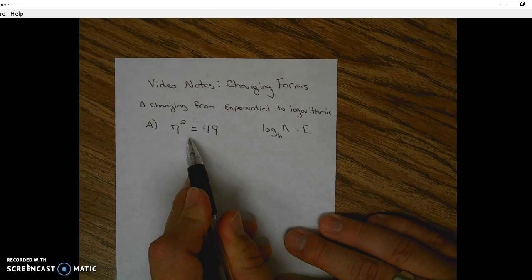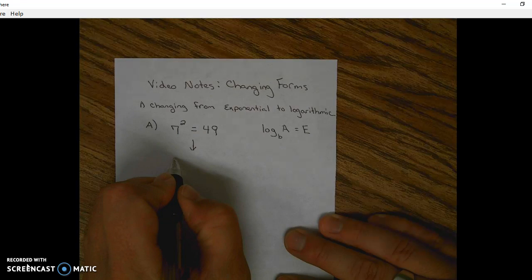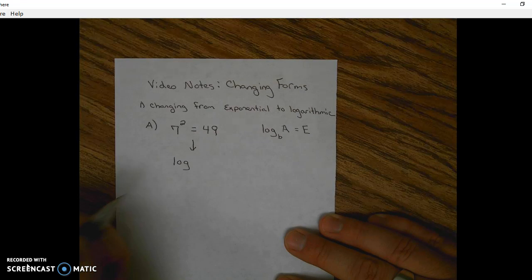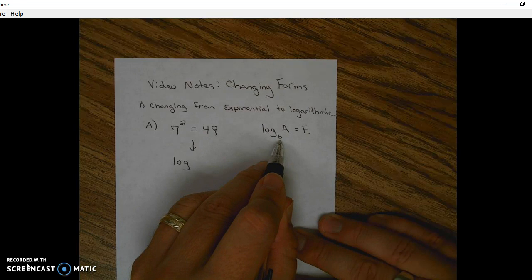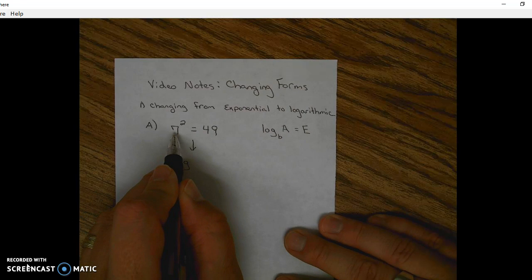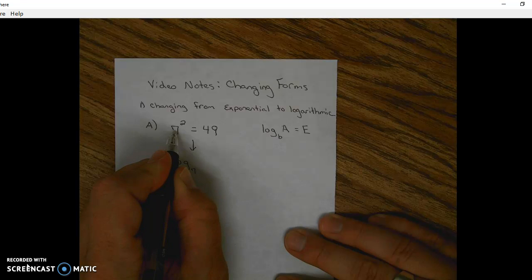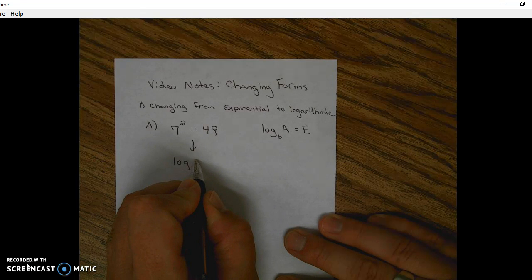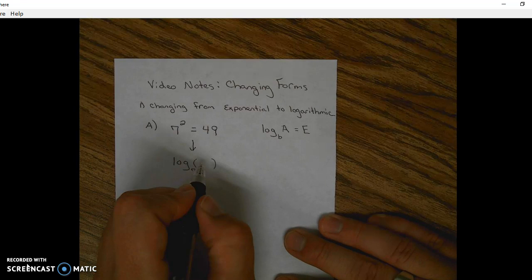So we're filling in the information. We're changing forms. So starting off, going from exponential to log, we write down log. And then the base number is going to be the base of the exponent, which is 7. And then we have the argument, which is going to be the 49.